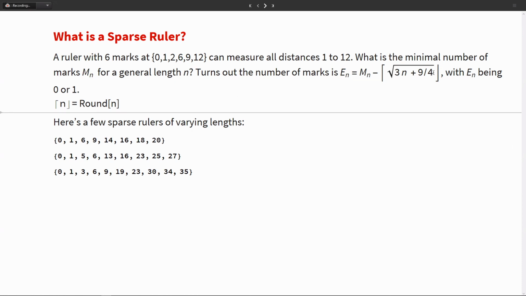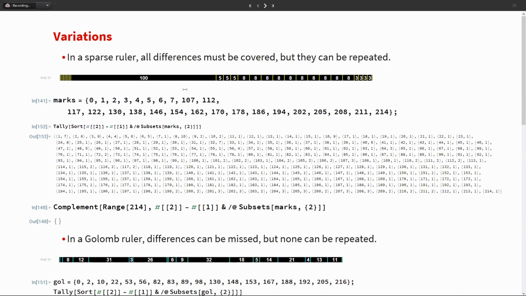This funny bracketing here means the round function. So here are a few sparse rulers. And here's a larger ruler. Here's a ruler of length 214. Here's the marks in it.